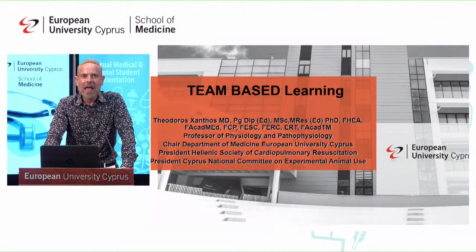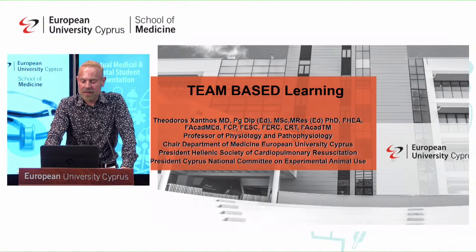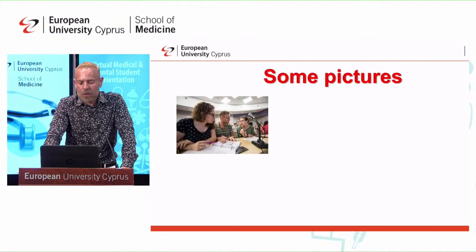We are going to go on now, and we're going to discuss in a little bit more detail what is the so-called team-based learning, and why do we emphasize so much on the TBL model, on the team-based learning. First of all, I want you to see some pictures.